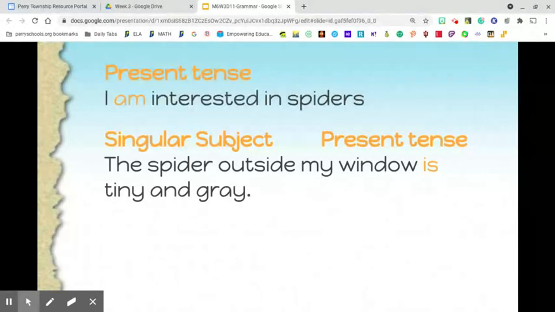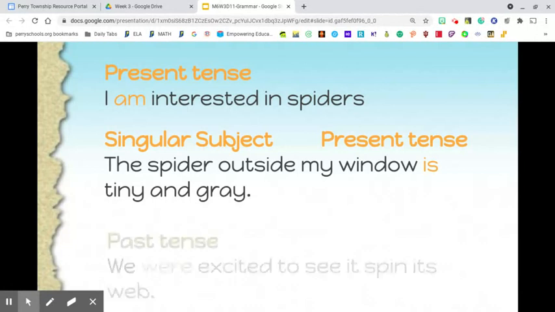In this sentence, we're looking at present tense, and I'm talking about I. I kind of has its own special word. We use am. So I am interested in spiders. So that is my present tense for the word be.